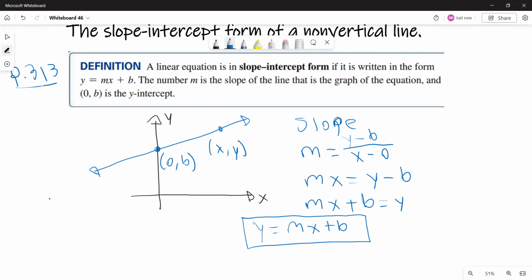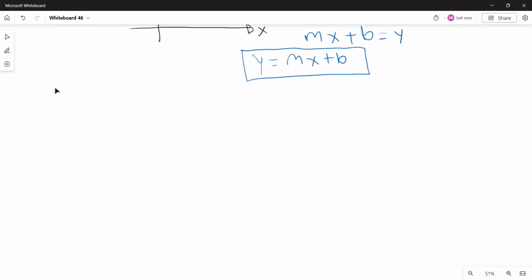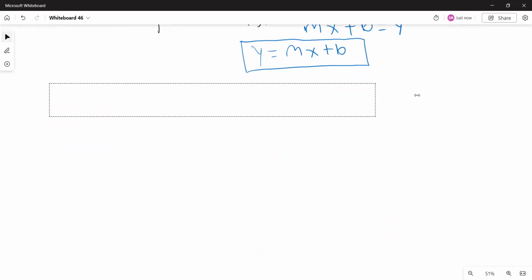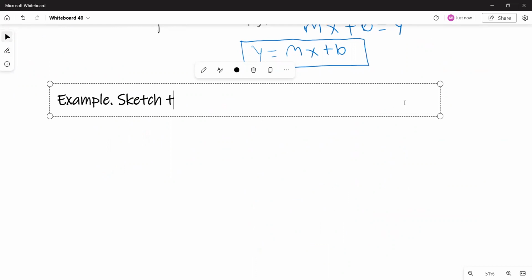And if we have the equation of a line in slope-intercept form, we can draw the graph. So we can sketch the graph of the equation y equals minus 3x plus 5.